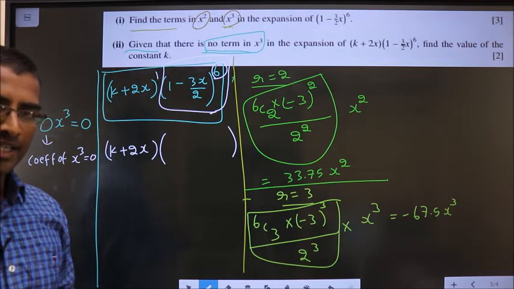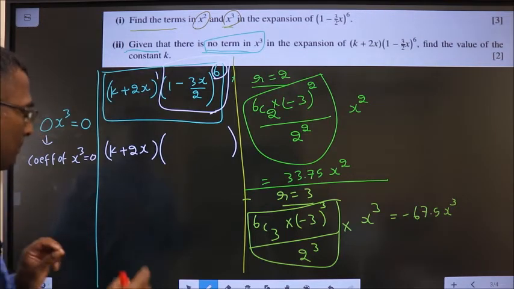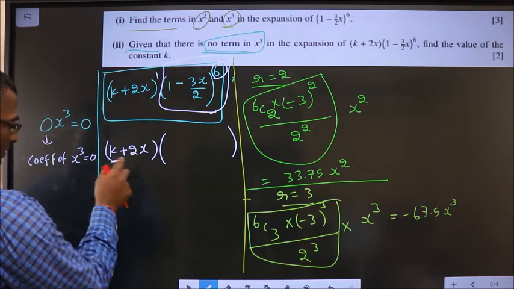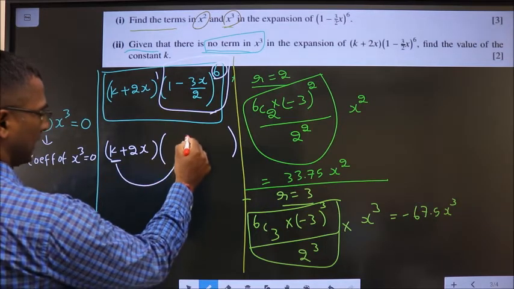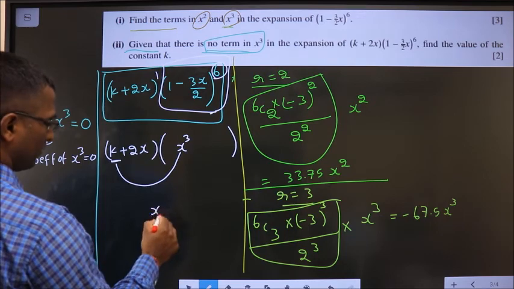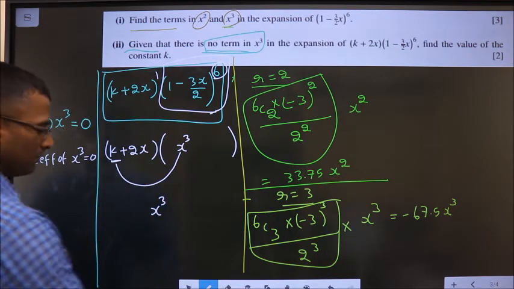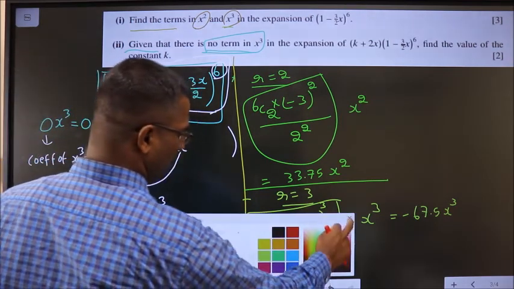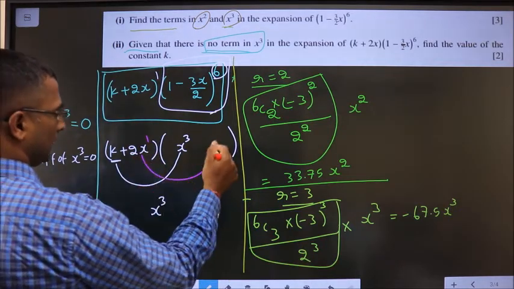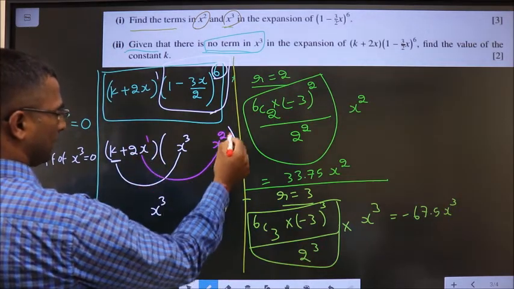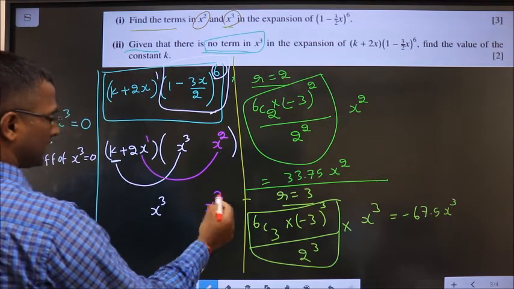Now how do I decide that? Based on this one. Here it is k. This needs to be multiplied with x cube. Only then the result will be x cube. Okay. And here x power 1. This needs to be multiplied with x power 2, only then it will result in x cube.